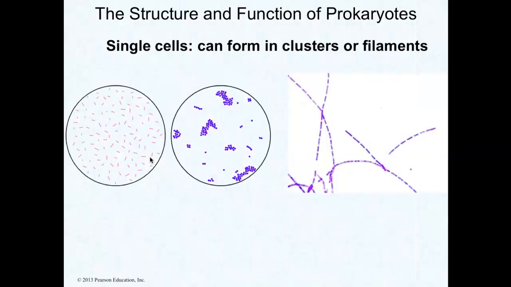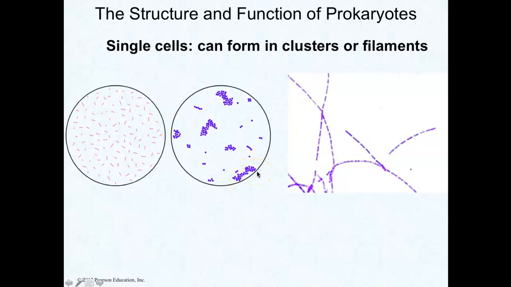So the first thing we're going to talk about is that they can actually arrange themselves in different groupings. Some cells like to be just one by itself, so that's single-celled. Some prokaryotes can form clusters. They like to live in little groups, and here's an image of that. Those are clusters.